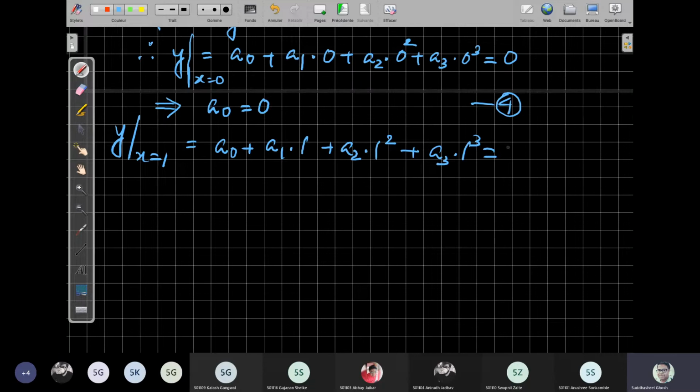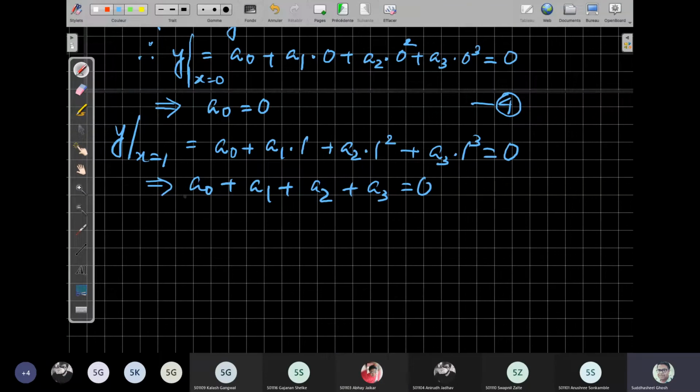What is given? At x equal to 1, y is equal to 0. So this 0 is given. Straightforwardly, what does this mean? It means A0 plus A1 plus A2 plus A3 equal to 0. This is correct, right?